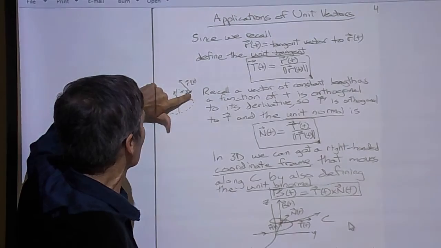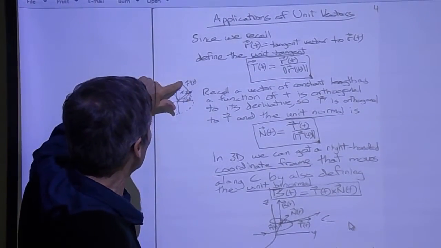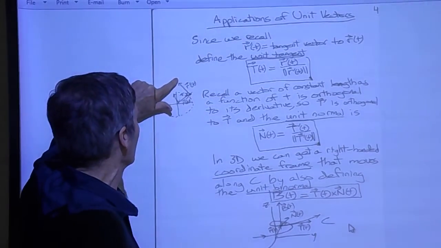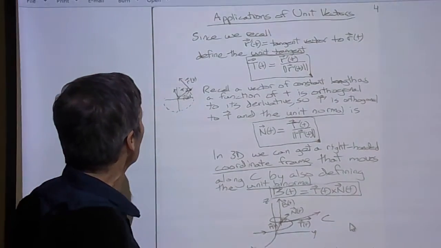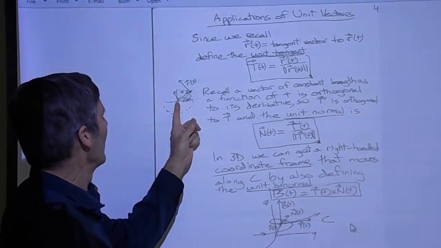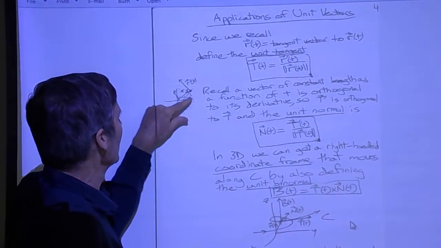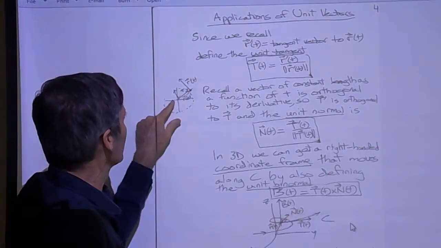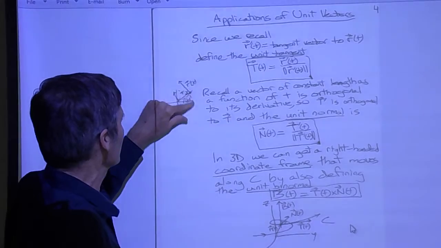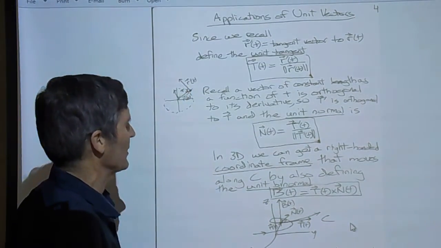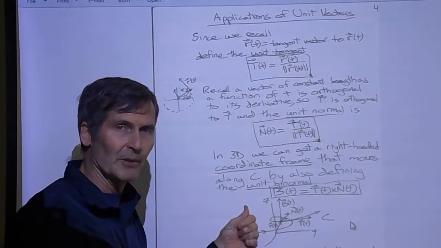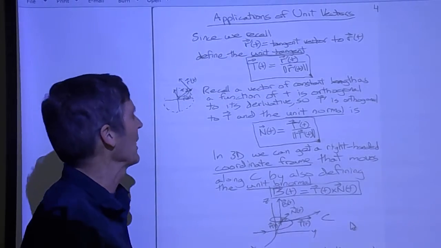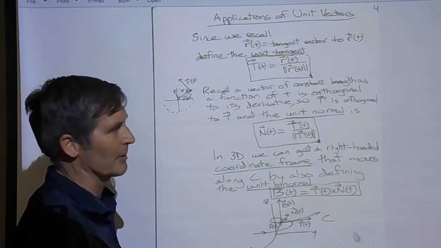Well, if it's moving along a circle, then its derivative has to be tangent to the circle, in the direction of increasing t. So, when we have a vector of constant length, its derivative vector should be perpendicular to it because it goes from the origin to a circle and the derivative has to be tangent to the circle. This is a nice geometric way of thinking of it. The proof we did last time, we used the dot product, if you recall.